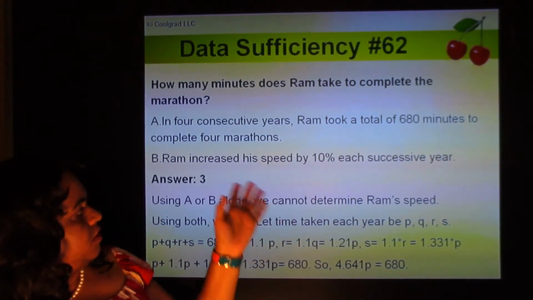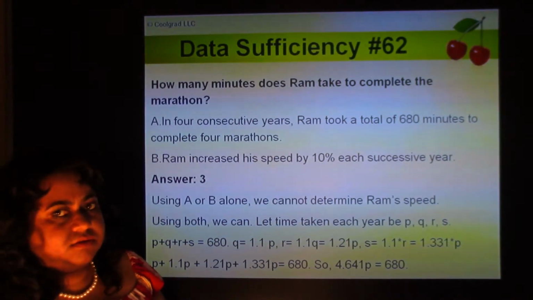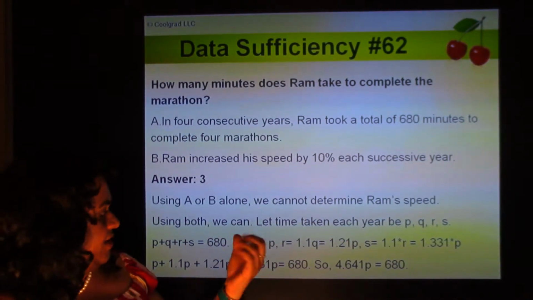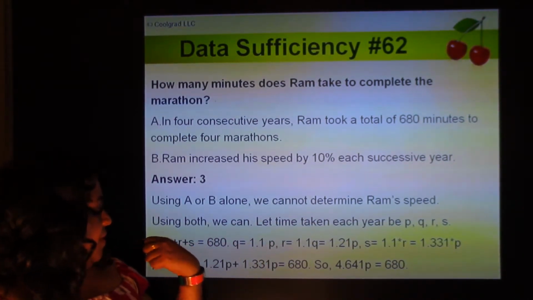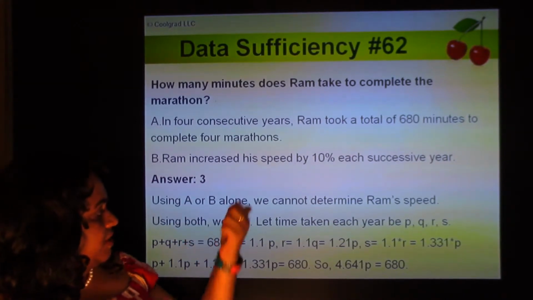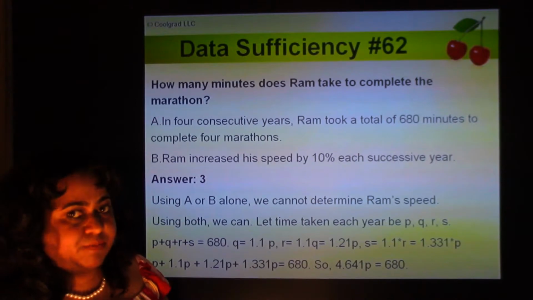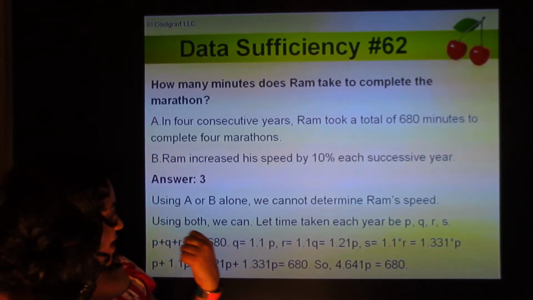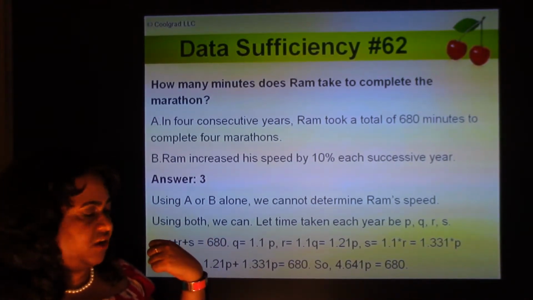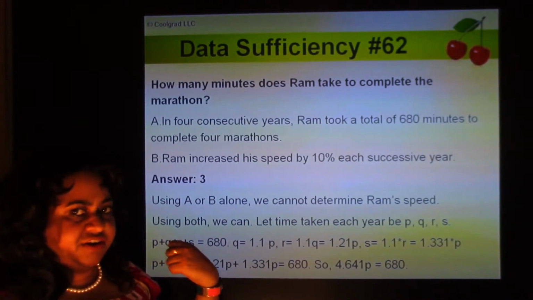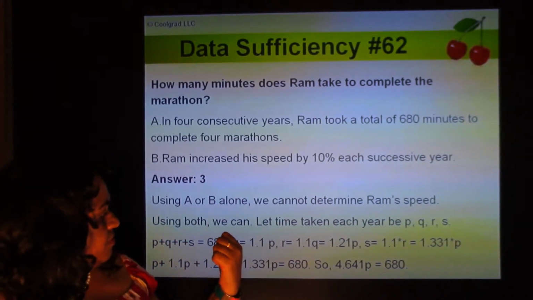But we don't know what the total time is. Clearly each statement alone is not enough. Using both statements, let's say P was the speed in the first year, Q the speed in the second year, R in the third year and S in the fourth year.